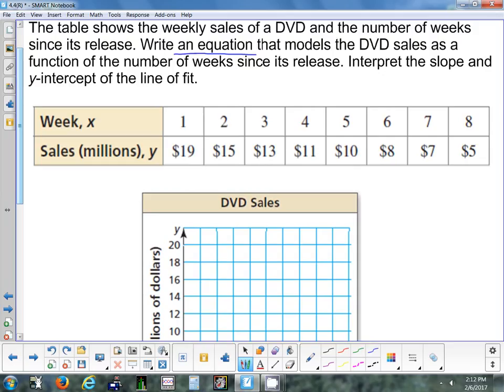Well, what am I writing an equation of? What's the shape of it? And what shape is that when you draw it? Is it a circle?